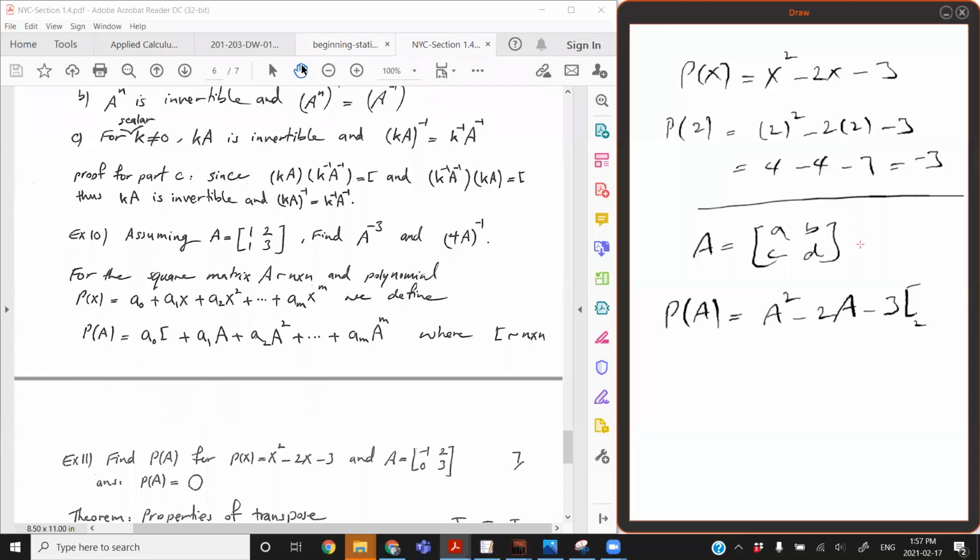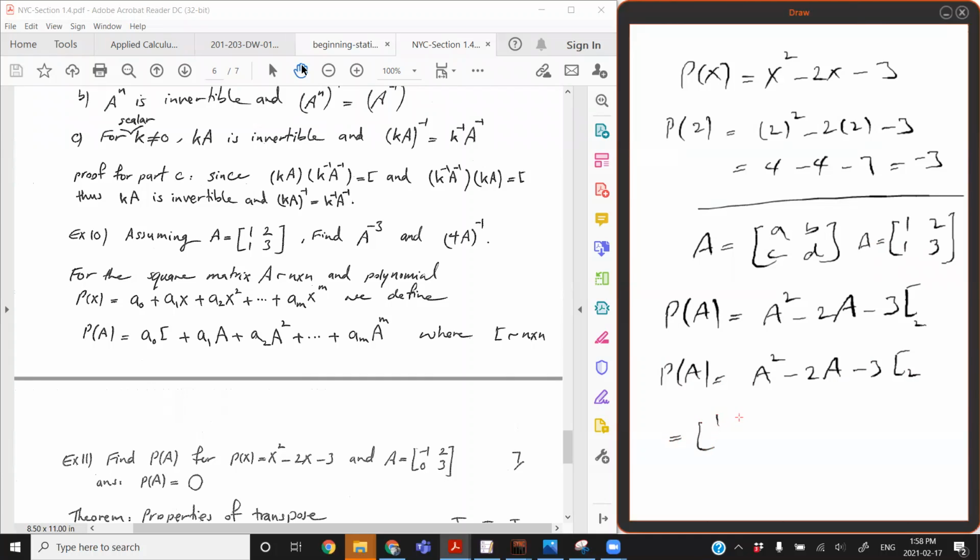So if, for example, A is, let's say, the same matrix that we worked with, something like that, then P of A would be A squared minus 2A minus 3 times I2.